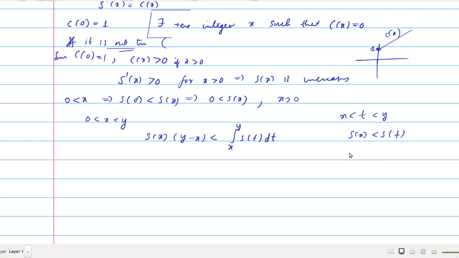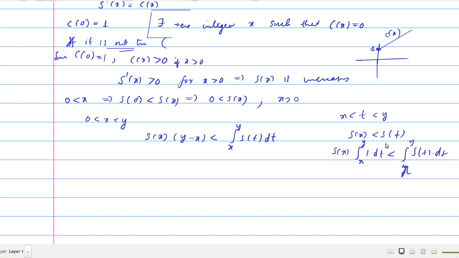Then we have s of x into integral x to y 1 dt is always less than integral x to y s of t dt, because of this fact.